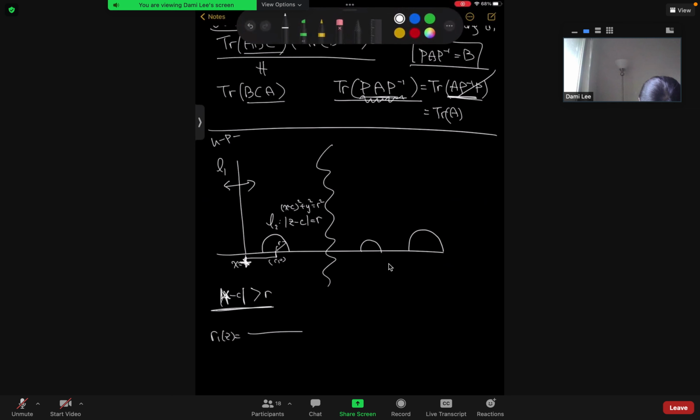All this is star. All this is triangle. Let's call this square. Whatever your star, triangle, or square are, you get your reflection about L1.